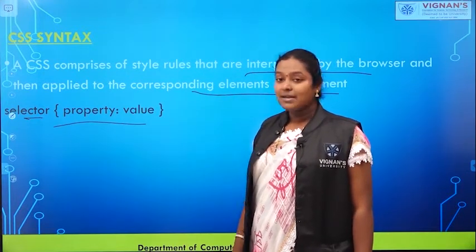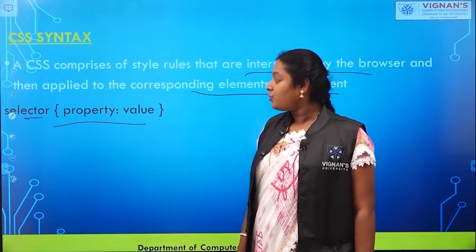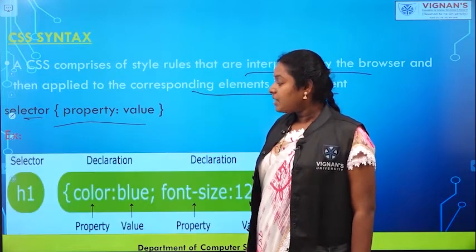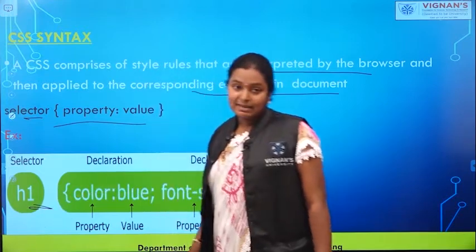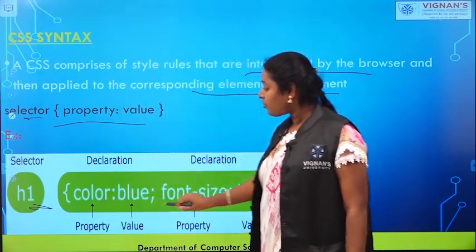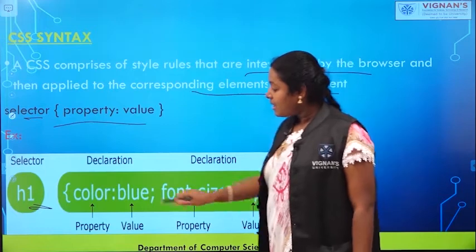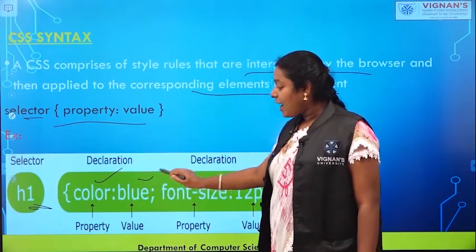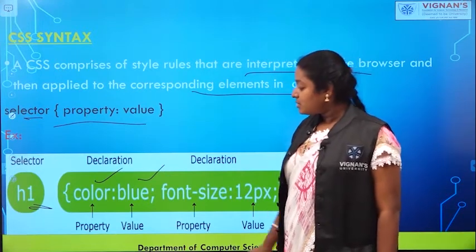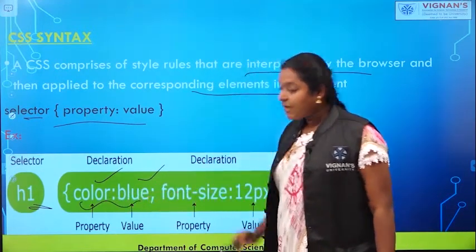So what is a selector and what is meant by a property value pair? If you see here in this example, this is called a selector, followed by a set of property value pairs. The attribute is called a property and the value for the attribute is termed a value. This is also called a property value pair.